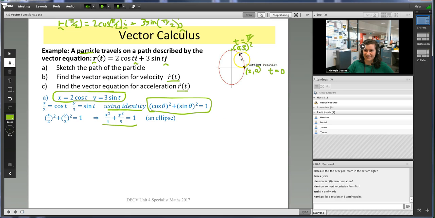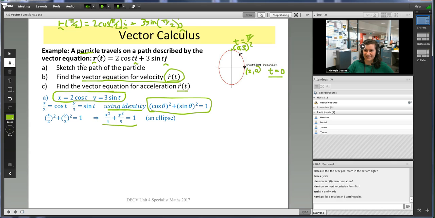And when we're sketching this, we need to show the arrow on the path showing the direction of motion, and we also need to say the starting position. And you can do that by either saying starting position or t equals 0. Pretty much starting position. Okay, so now we want to work out the vector equation for the velocity for this particular object.